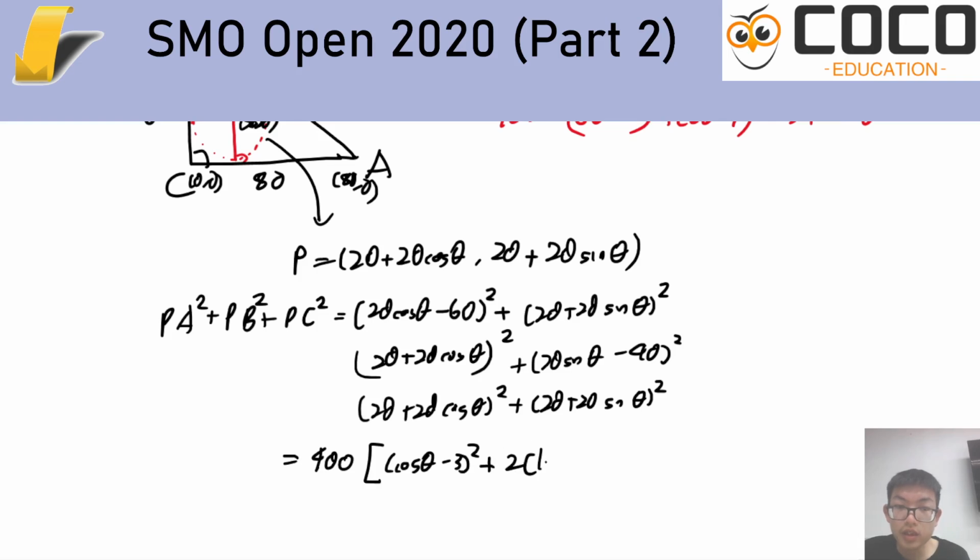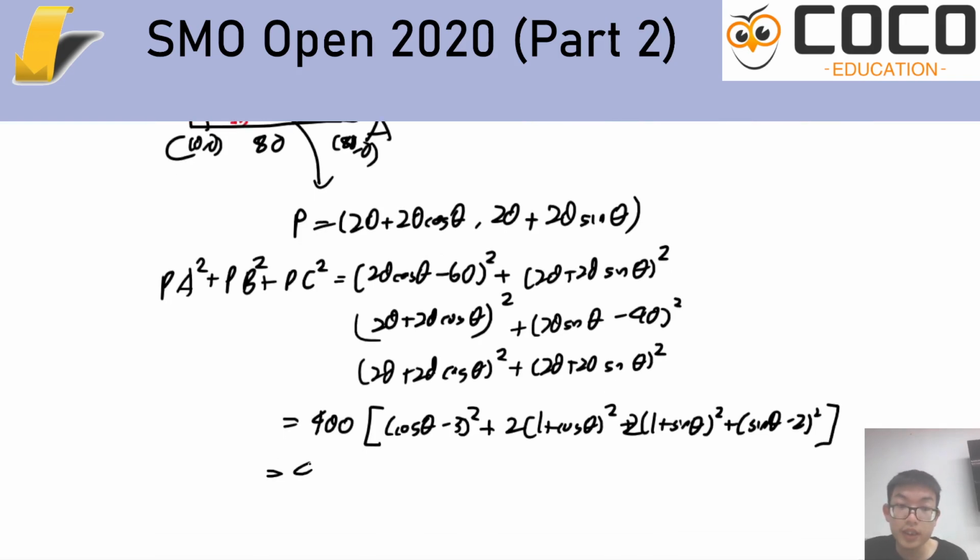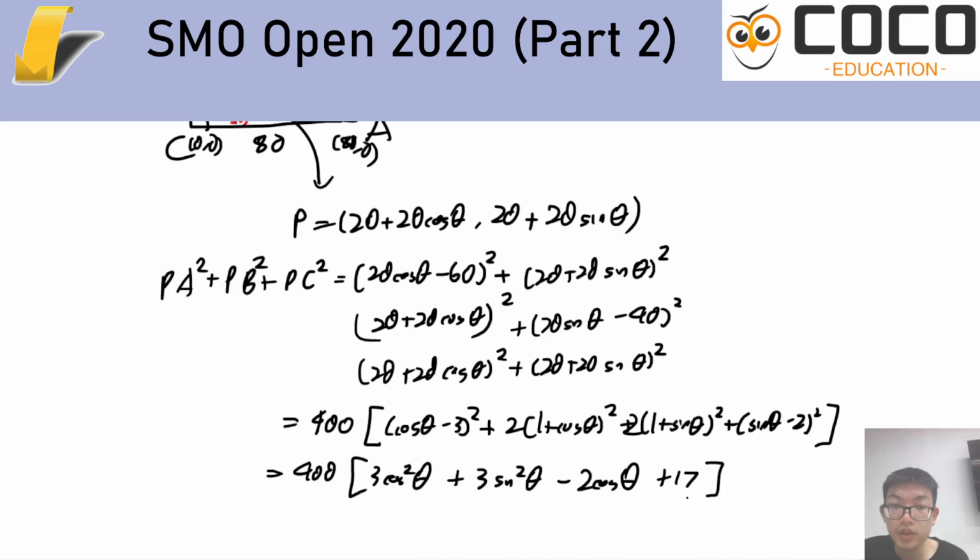There are now going to be quite a lot of simple cancellations algebraically, which leaves us with 3 cosine squared theta plus 3 sine squared theta, those will cancel, plus 4 minus 6, so minus 2 cosine theta, plus 4 sine theta minus 4 sine theta, that's gone, and then plus 9 plus 2 plus 2 plus 4. This is 3 plus 17, so 20 minus 2 cosine theta.